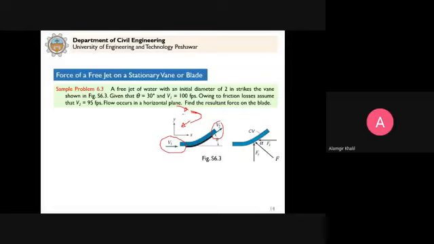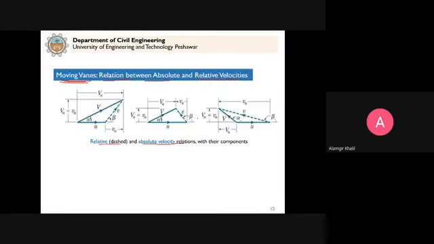So in this case, if we are interested to calculate the forces, then we have to resolve these into different components, like we resolve this V2 into components. So similarly, if the body is in motion, then in that case we have to consider the relative velocity concept. So this is what we are going to study here.